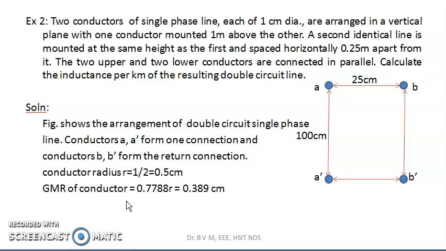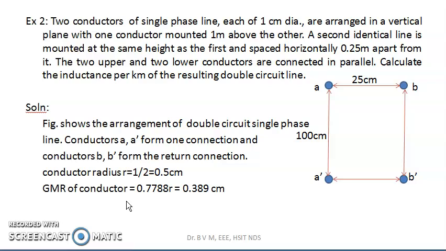R dash is the GMR of a conductor. It is a virtual hollow conductor which has the same radius as the actual conductor, but it does not have any internal flux linkages. This is what we call GMR or GMD.